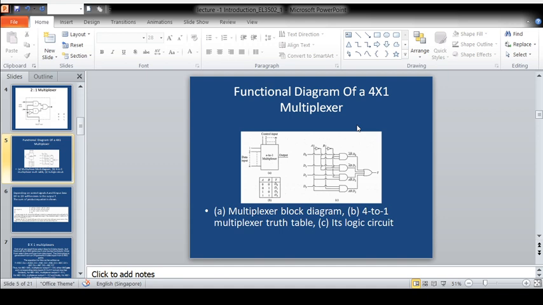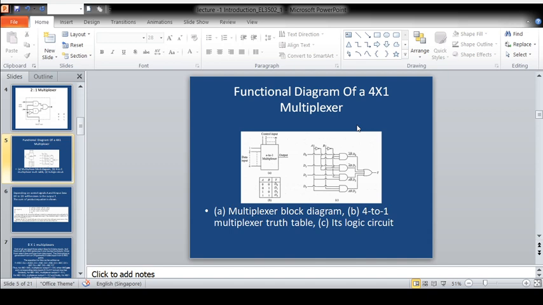Only the upper AND gate, with A equal to 0 and B equal to 0, so A bar is 1 and B bar is 1, is enabled, and whatever D0 is there is passed through this AND gate, is available at the input of the OR gate, passes through the OR gate, and becomes your output. So Y takes the value of D0. If D0 is 0, then the output is 0.